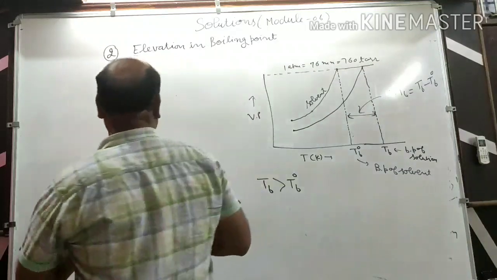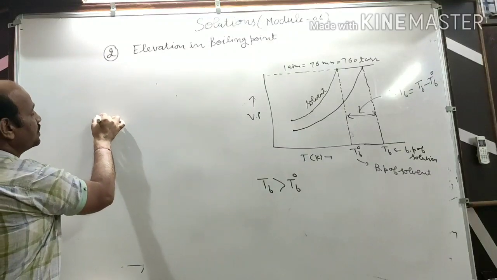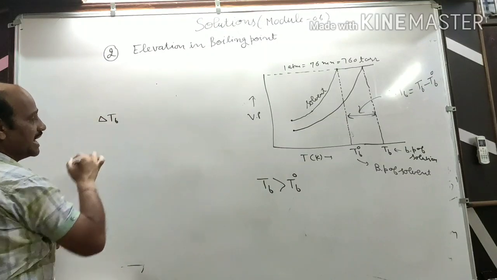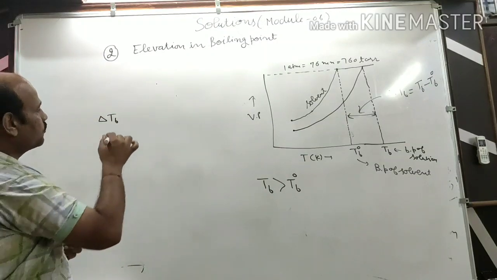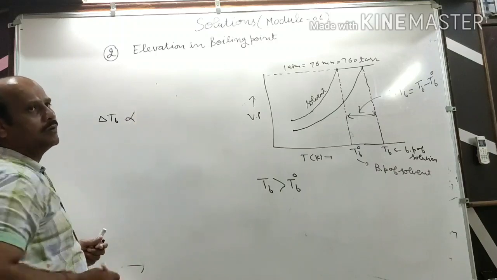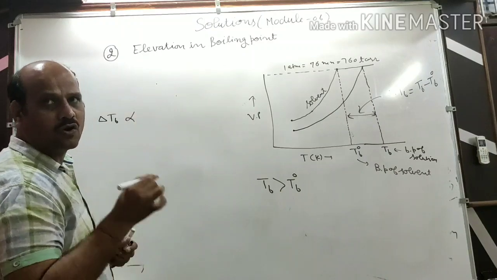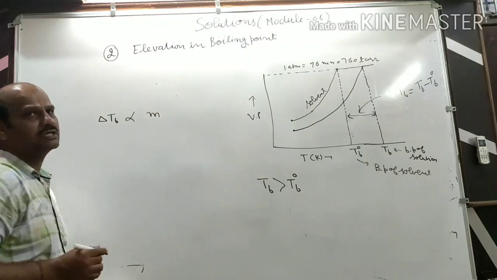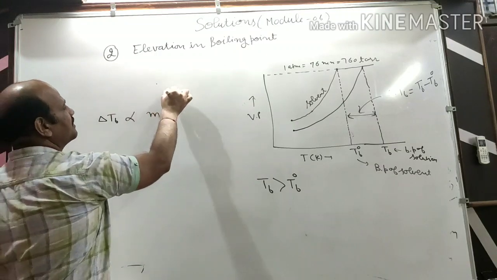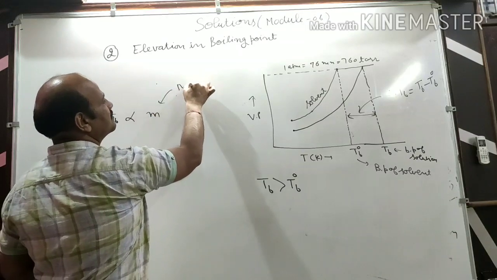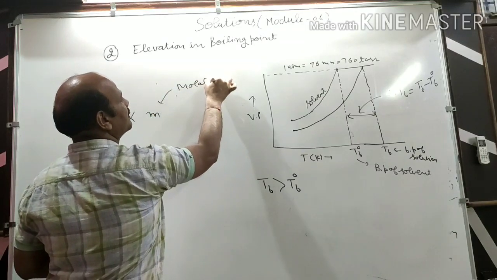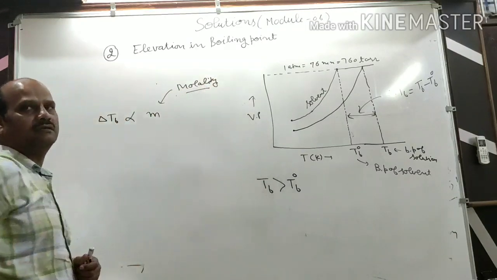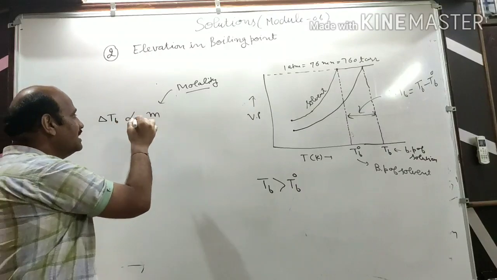And why does this elevation take place? By experimental facts, it is found that it is due to the molar concentration of solute in solution, m, small m. This small m, that is molality. And you know what is molality?